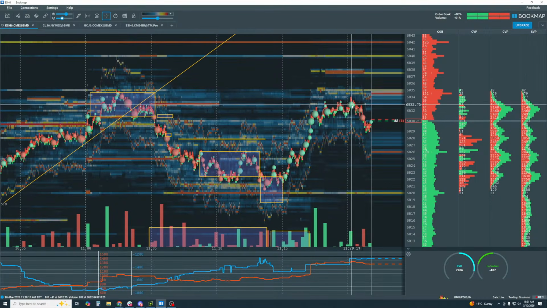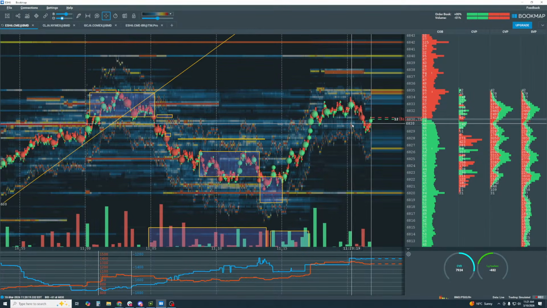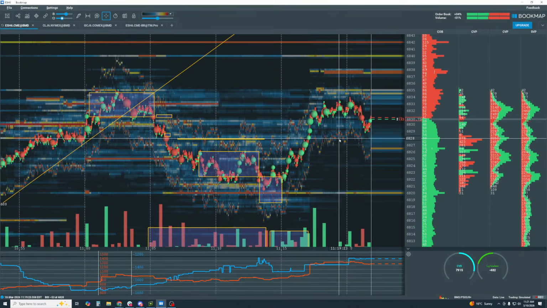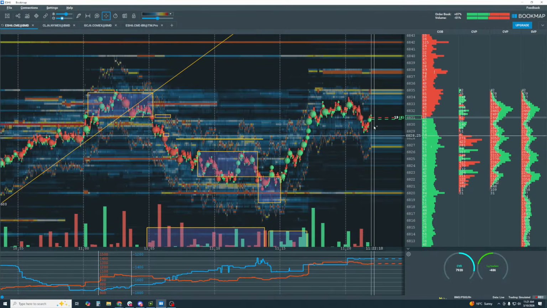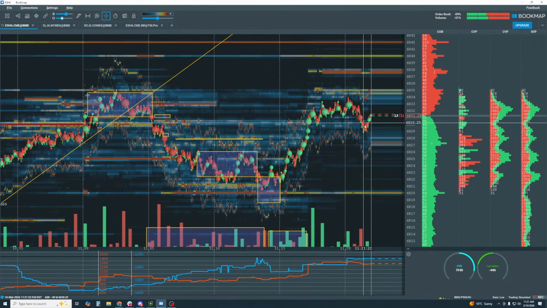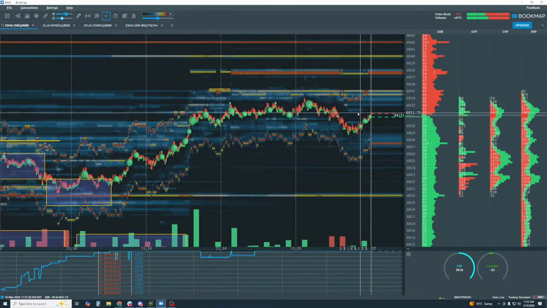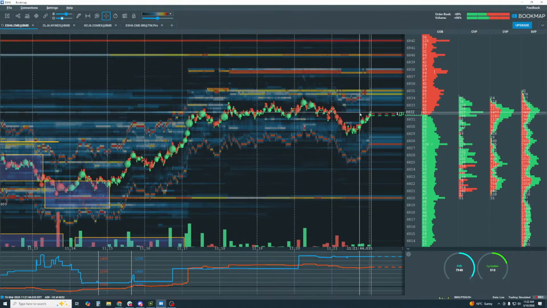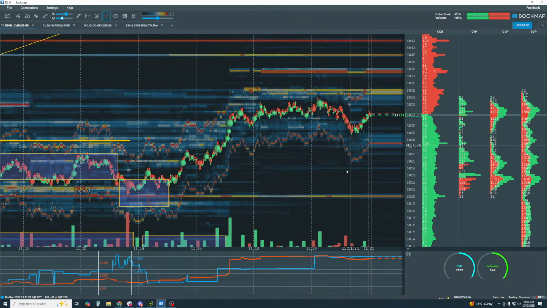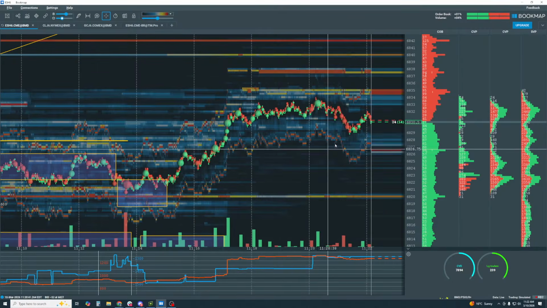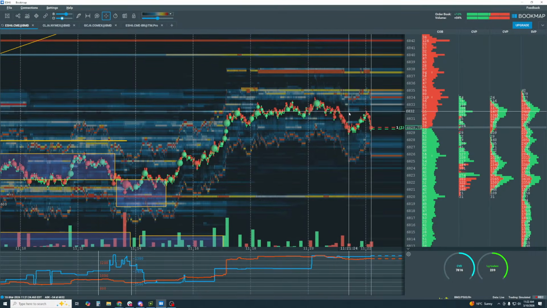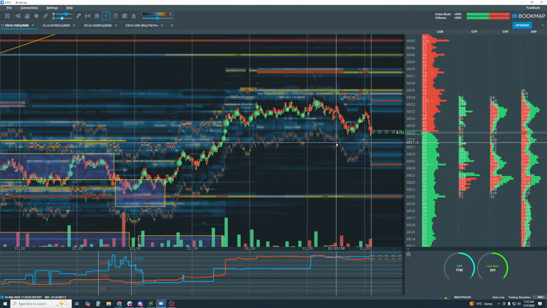All right, the continuation here is kind of morphing into something else. Okay, we don't want to see this in here. This is what I was talking about earlier, it starts to kind of turn into chop or potentially into trap volume and then the move above, right?